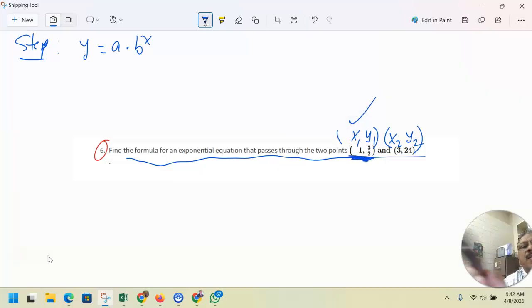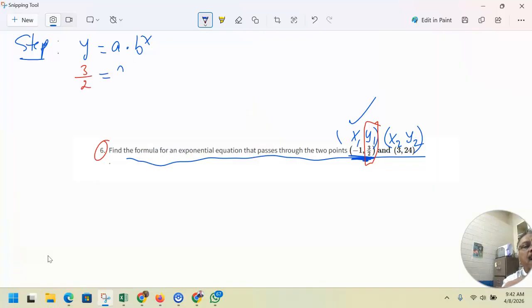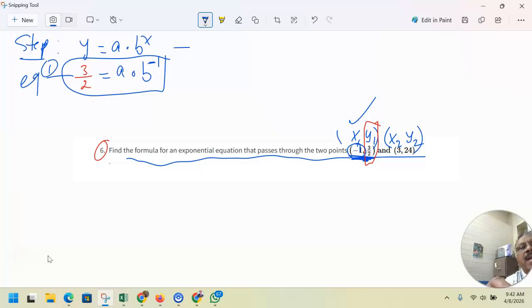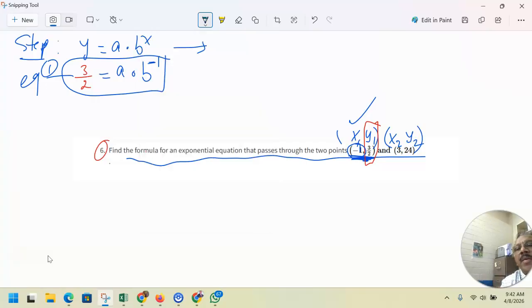Step 1 is you plug in the first point, that is x equals -1. So y is this one, that is 3 over 2, and then equals a, we don't know, b, we don't know, but we know x, and that is -1. So this becomes equation number 1. Now the second time you plug in this y2.